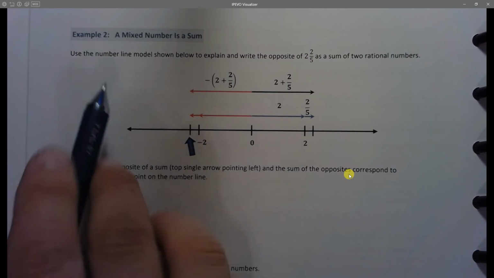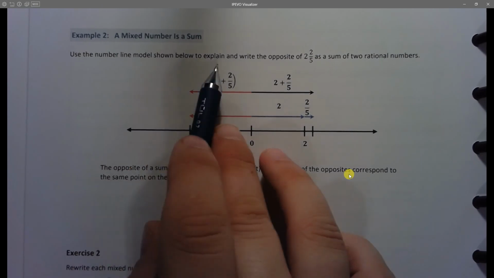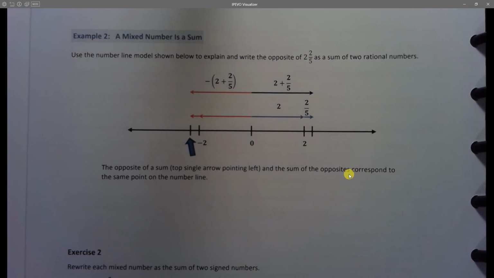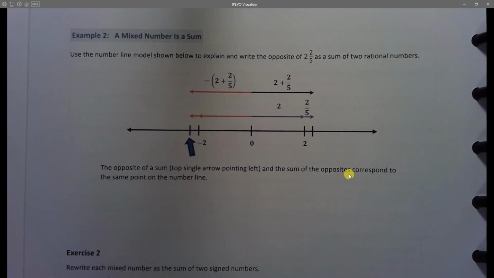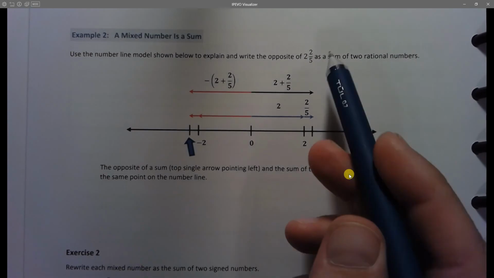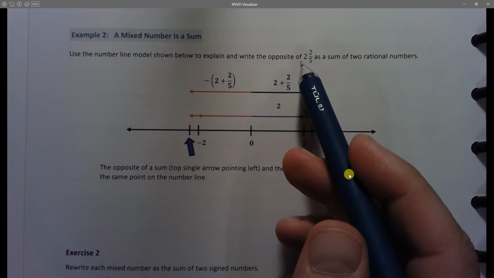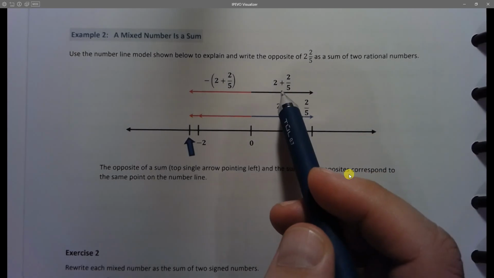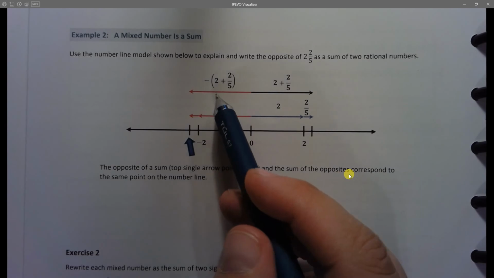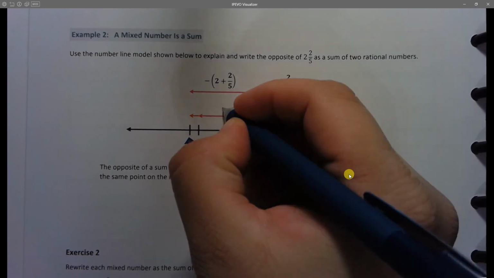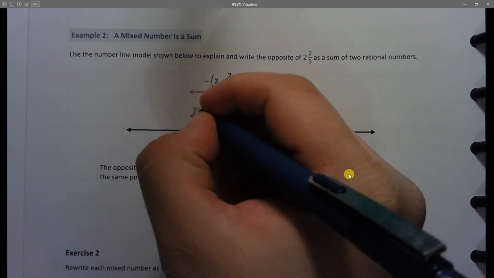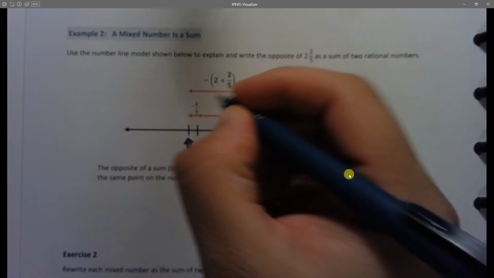So using a number line model below, explain and write the opposite of 2 and 2/5 as a sum of two rational numbers. Well, the opposite of 2 and 2/5 is a negative 2 and 2/5. So if this is 2 and 2/5, this is a negative 2 and 2/5, which means this value is a negative 2, just like this one is, and this would be a negative 2/5, just like this one.